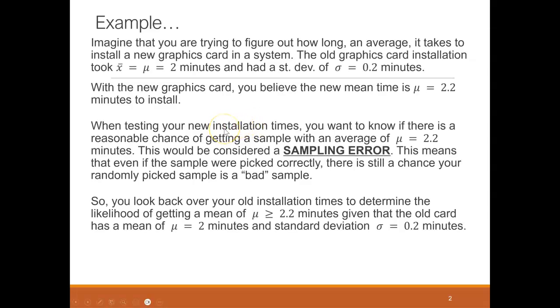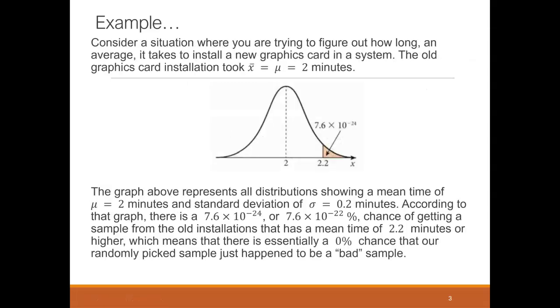Okay. So again, we're talking about this graphics card installation system. Let's say this is my distribution for the old card installation. This is my mean at 2, right here in the center. How do I know the mean is going to be directly in the center of this distribution?